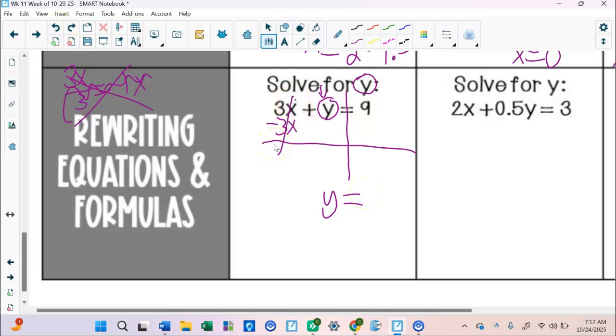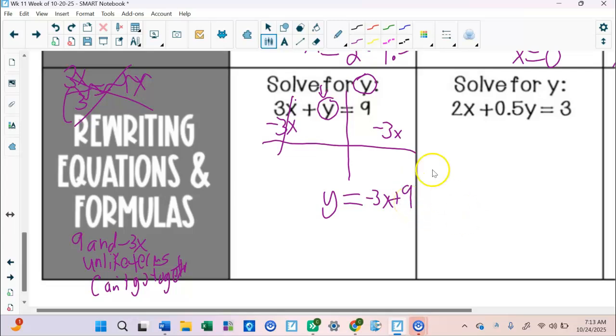Y is all by itself. Now, over here, I don't like to put minus 3x anywhere near that 9. Okay, 9 and negative 3x are unlike terms. They can't go together. So here we got negative 3x plus 9.